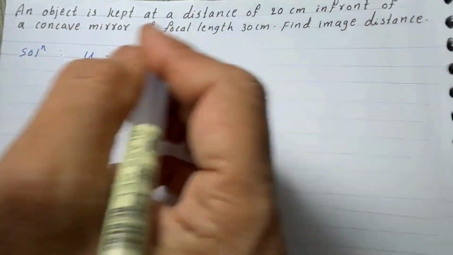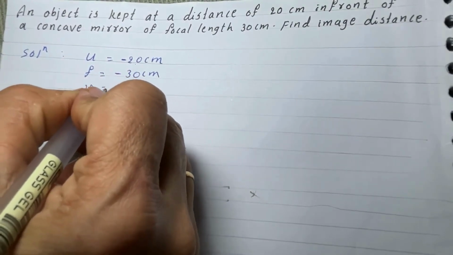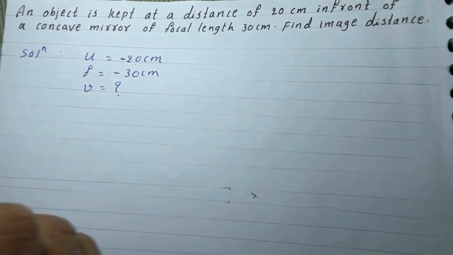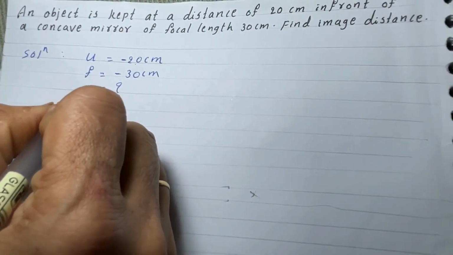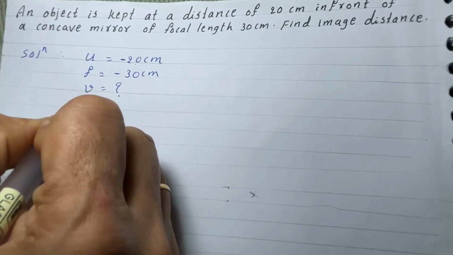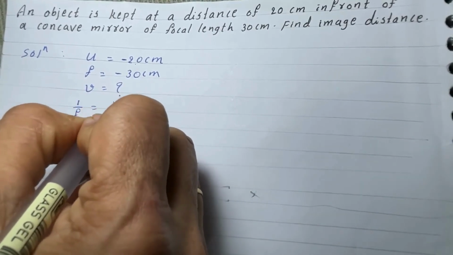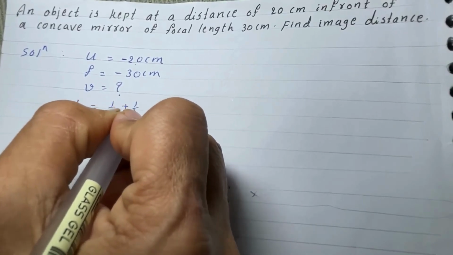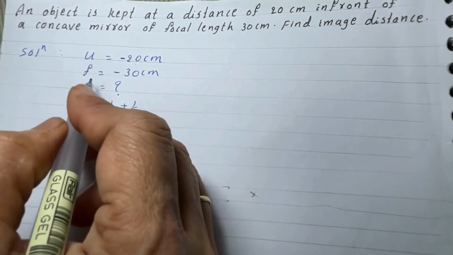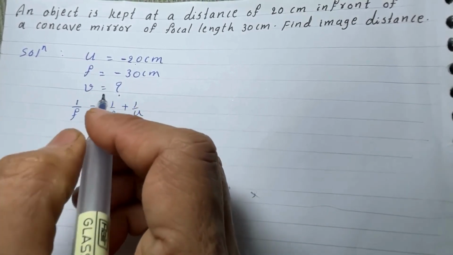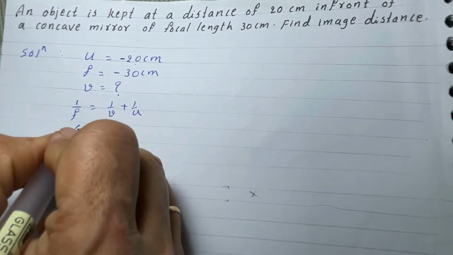We have to find the image distance. v is equal to how much? And use the mirror formula: 1/f = 1/v + 1/u, which gives the relation among these three quantities. So, this is the mirror formula.